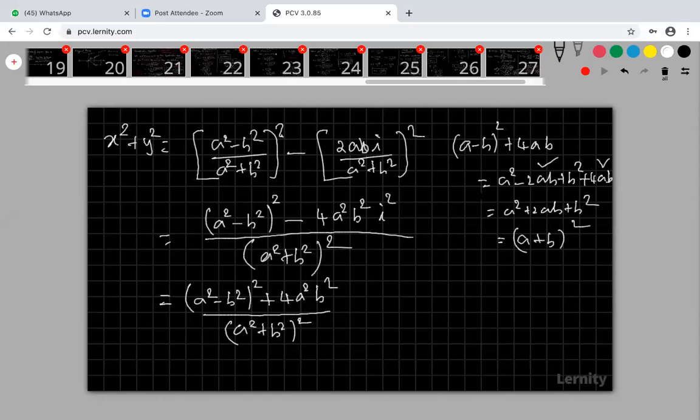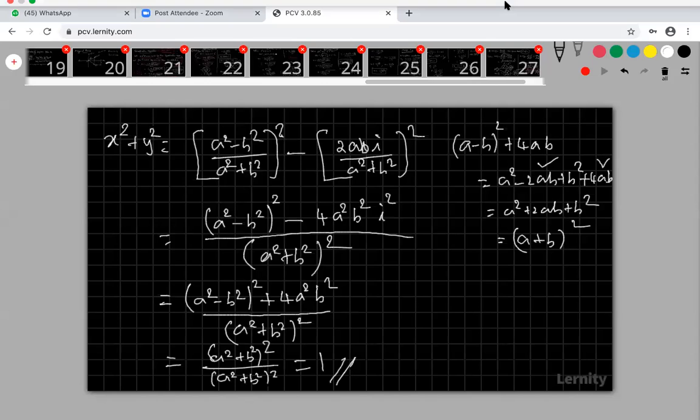Are you okay? Here my a is nothing but a square, b is nothing but b square, and I am applying this identity. So I am getting a square plus b square the whole square divided by a square plus b square the whole square. Therefore the answer is 1.